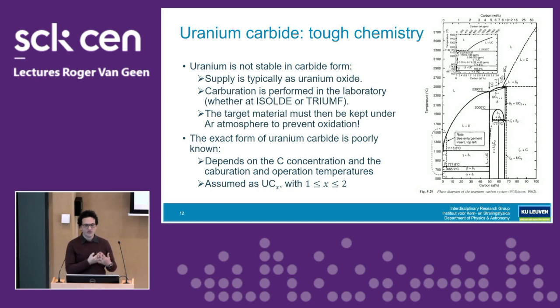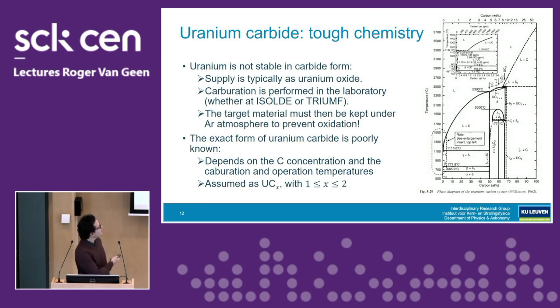I mean, the phase diagram is well known. You have an extended version of that phase diagram here as a function of the carbon content and of the temperature. But what you can see is it's got a lot of phases and a lot of places where it can change phase. So typically it will depend on how much carbon you've put into the system and at which temperature you operate. Well, first, at which temperature you perform the carburation, but then during operation, depending on at which temperature you operate.